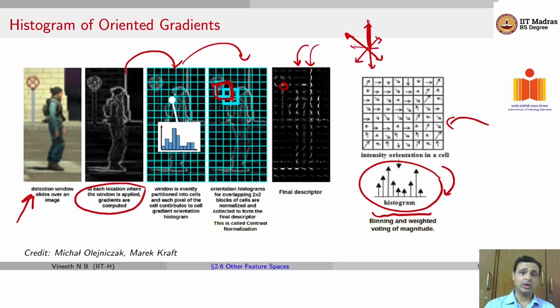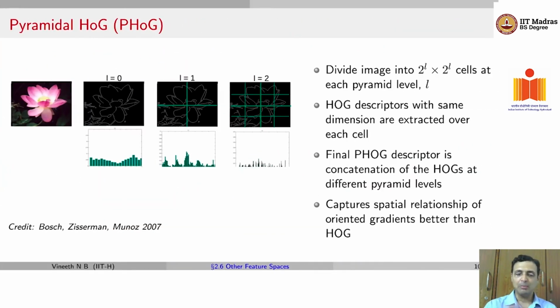So the histogram of oriented gradients was shown to be very effective for detecting humans in an image in the mid-2000s. And this was also improved upon to give what is known as pyramidal HOG or P-HOG, where at every step you divided the image into parts and constructed a HOG representation for each part individually and then concatenated all of them to form a representation.